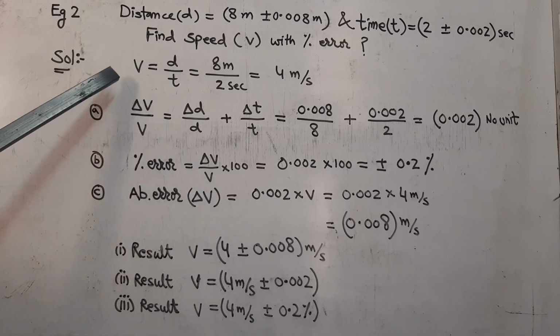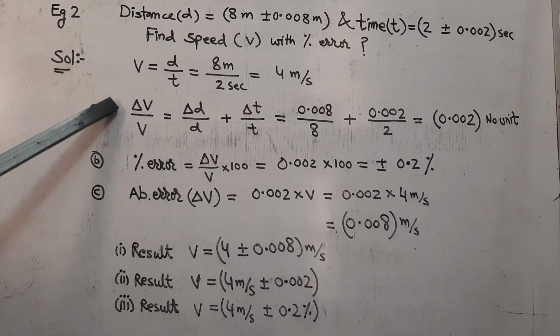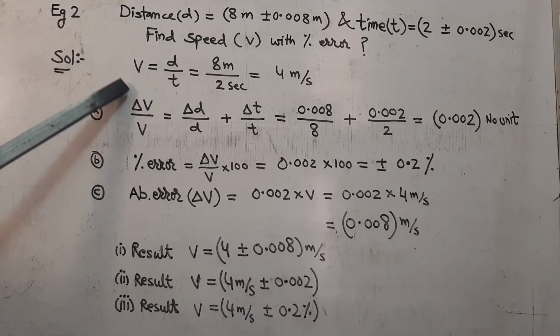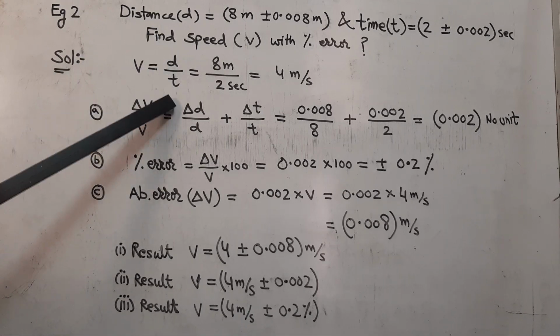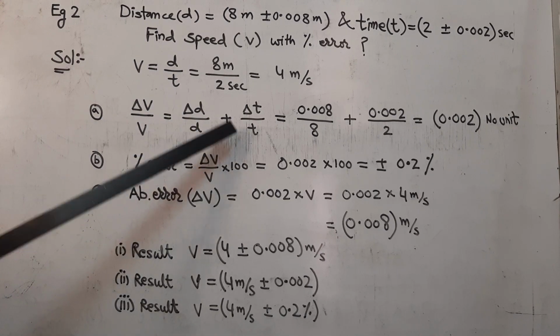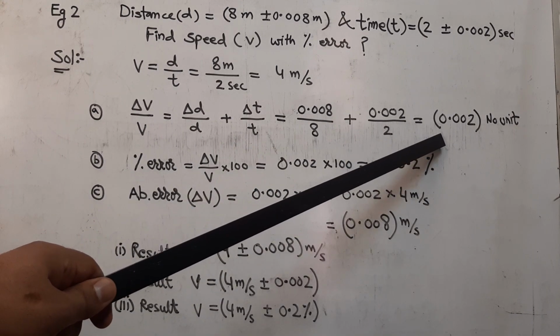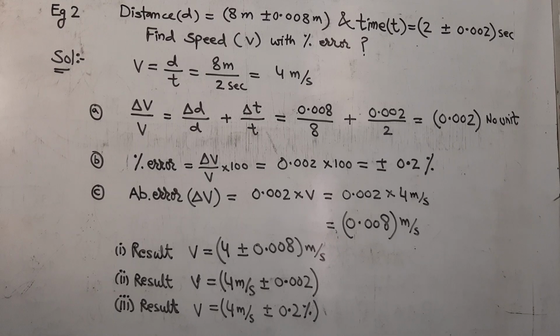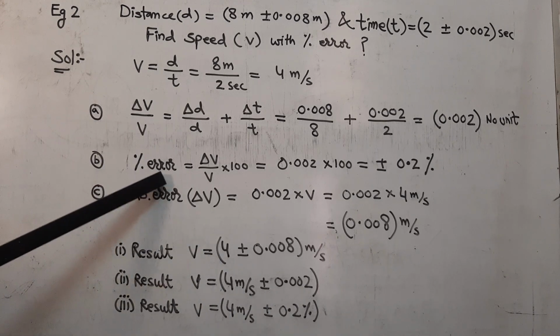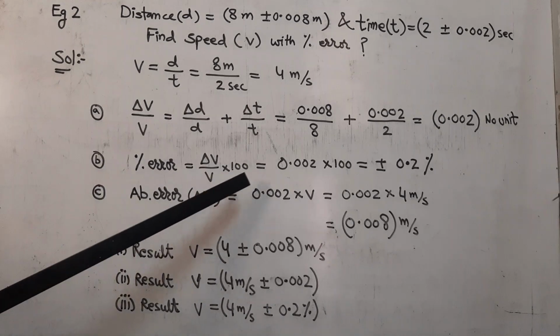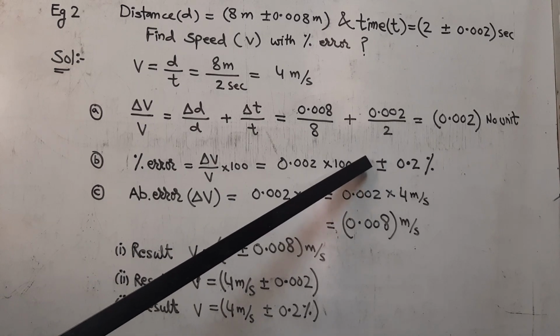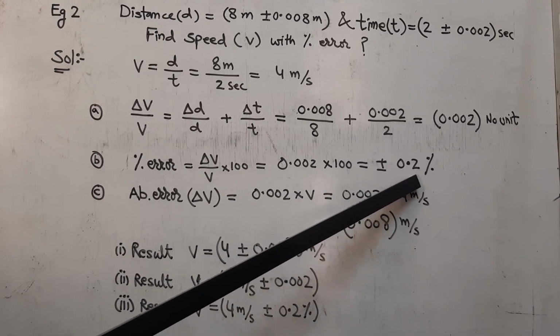So in this case we have to write delta V over V for V, and for D we have to write delta D over D plus delta T divided by T. By putting all these values we get 0.002, no unit. There is no unit of fractional error. In case of percentage error, we have to multiply with 100, so we obtain plus minus 0.2%.